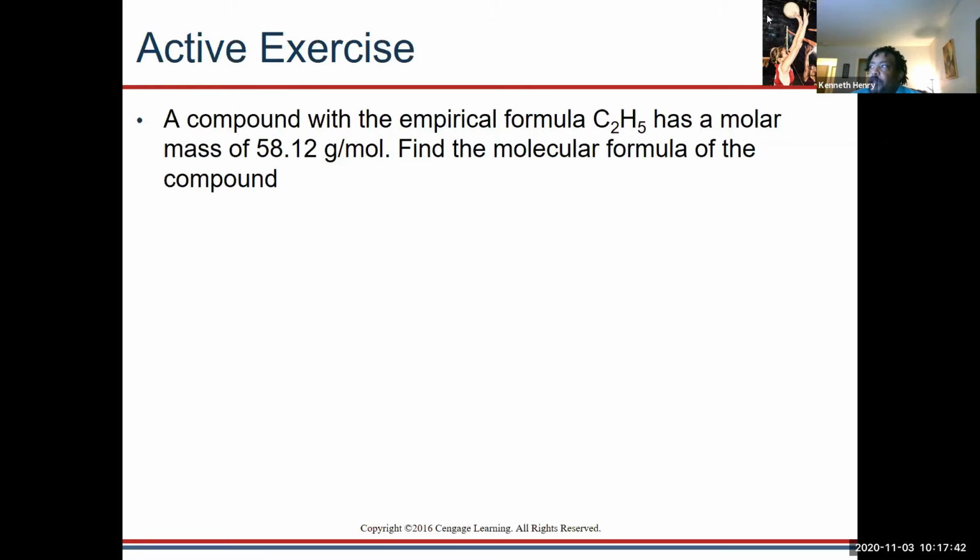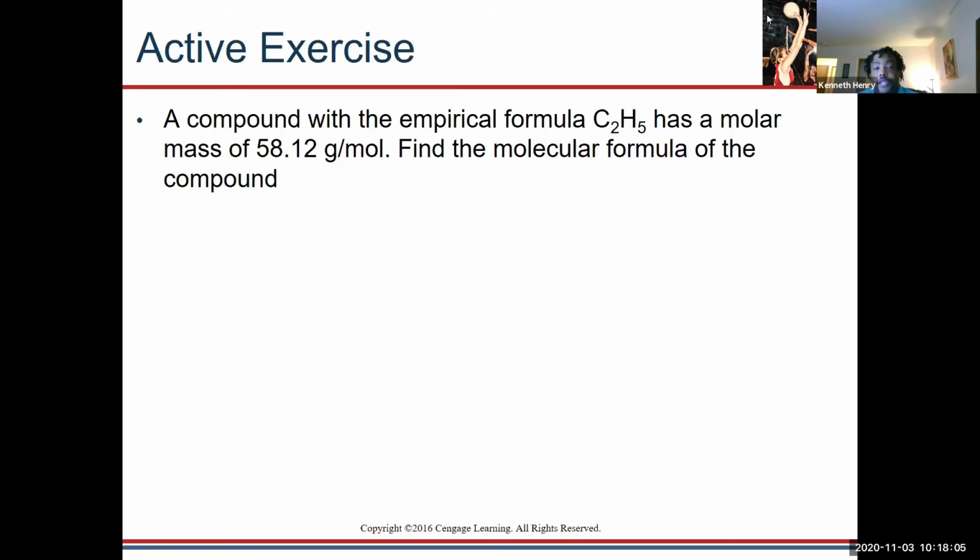Find the molecular formula of the compound.